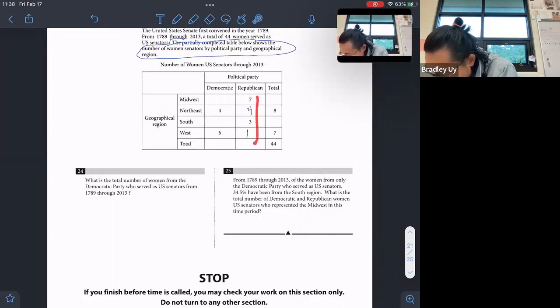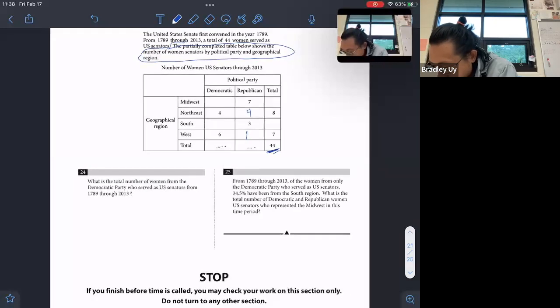This column right here, those are Republicans, and we can get the total number of Republicans, which should allow us to find the total number of Democrats because we know the total women who served as senators was 44. So this adds up to 11 plus 3, 14 plus 1, that's 15.